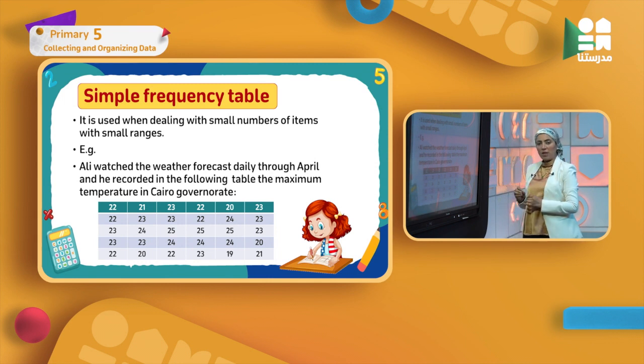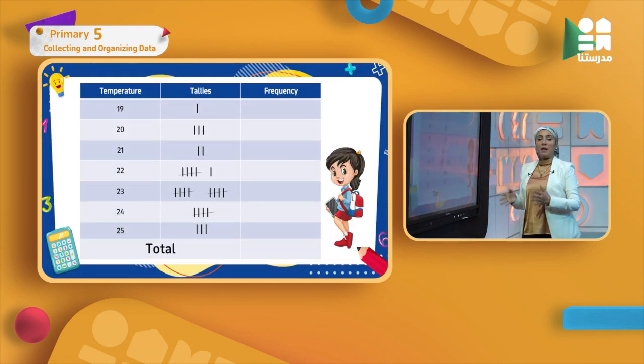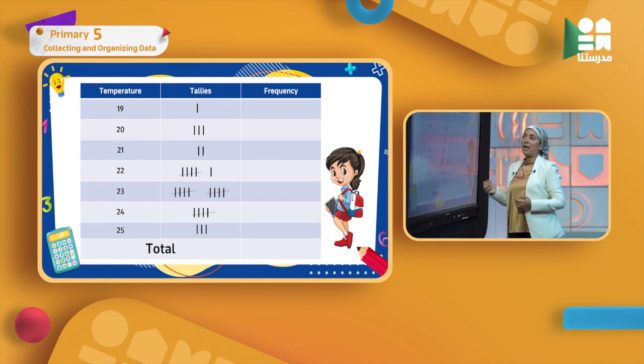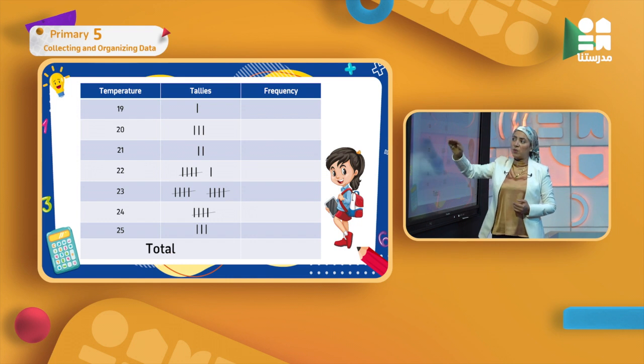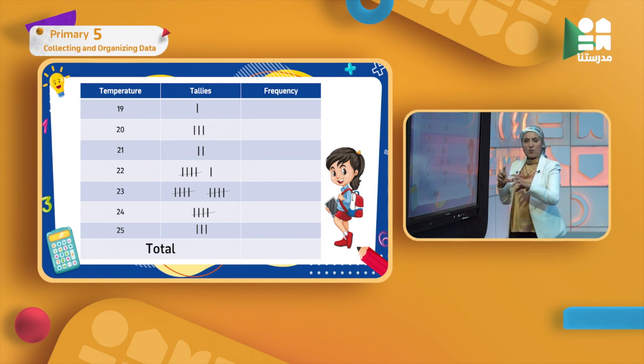So the smallest one is 19 and the biggest one, or the highest temperature, is 25. So I make my table. The first column will be the temperature and I will write 19, 20, 21, 22 and so on till 25, because here the range is small, so I don't have to make intervals.